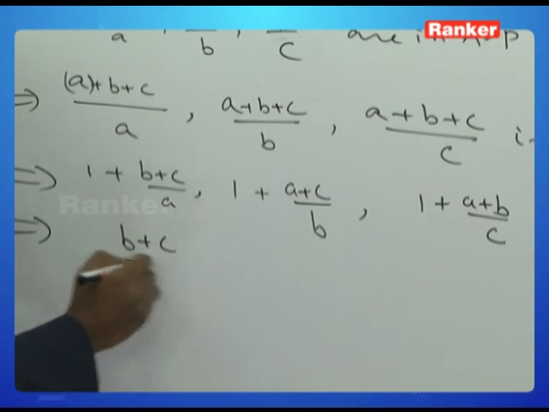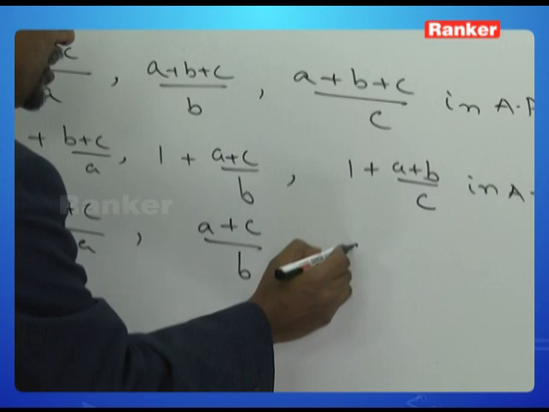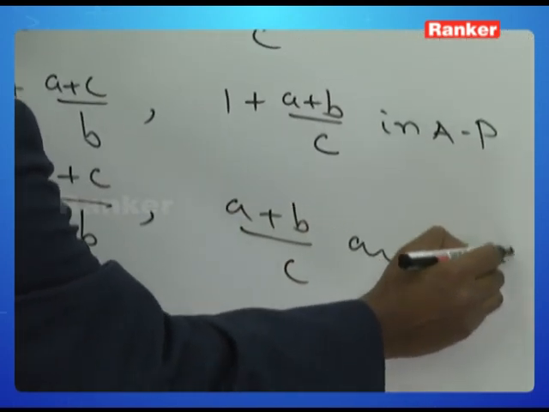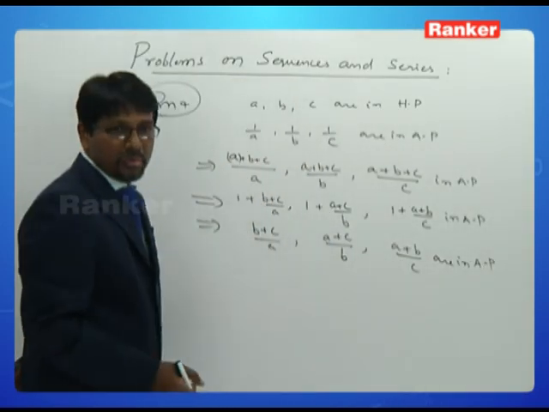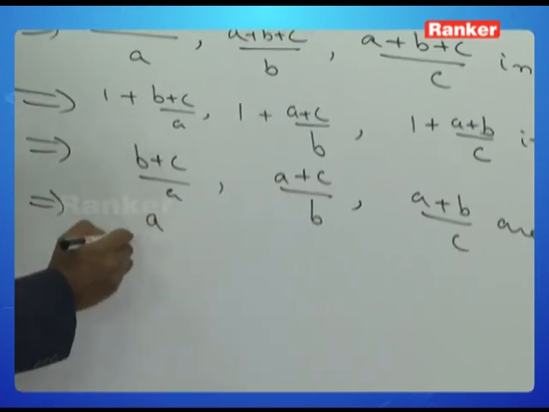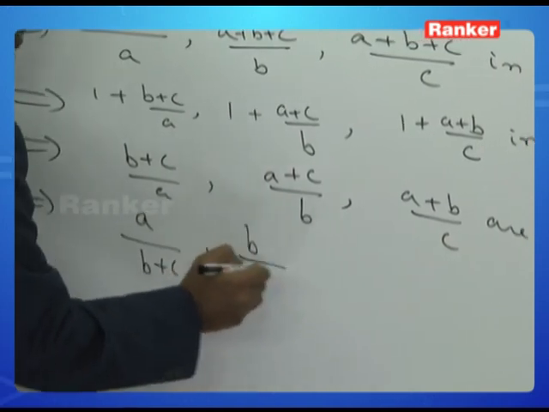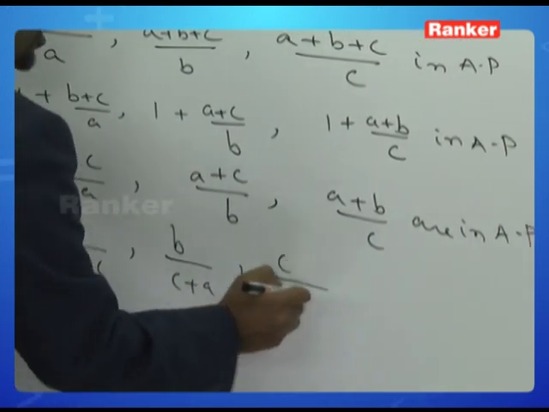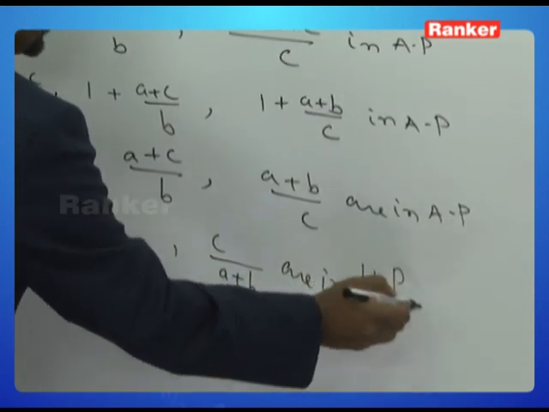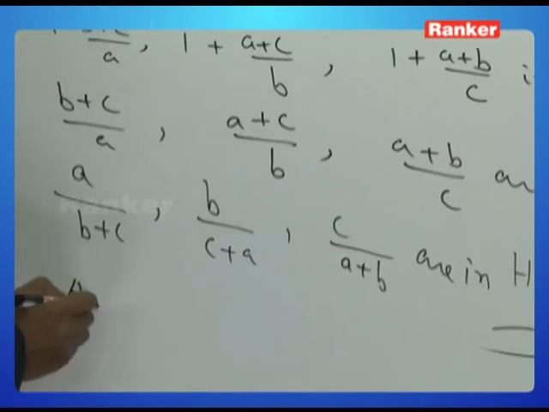B plus C by A, comma, A plus C by B, comma, A plus B by C, they are in arithmetic progression. So now what's immediate? I can take the reciprocals. What is it you observe? The reciprocals, A by B plus C, comma, B by C plus A, comma, C by A plus B are clearly in HP. So clearly the answer is 2.